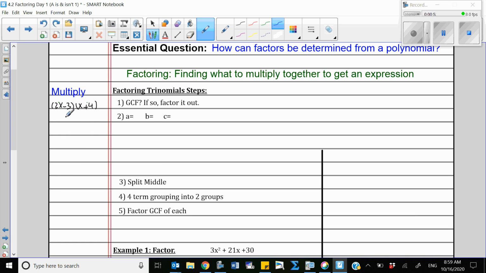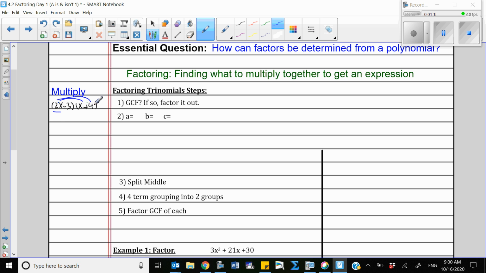We have 2x minus 3 times x plus 4. To get the answer of this multiplication, I can start by getting the first term here and multiply that by the two terms that I have in the second parenthesis, by these two.